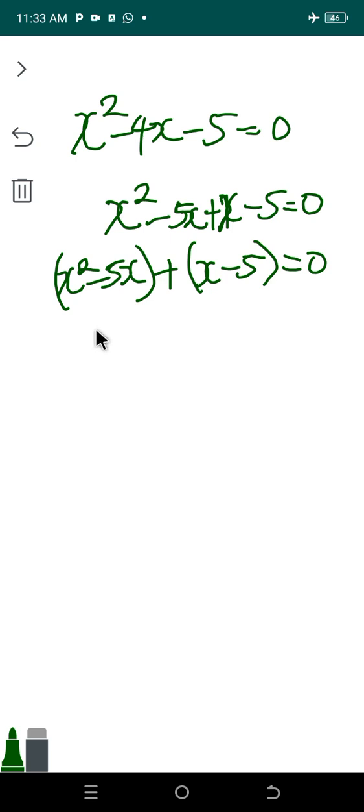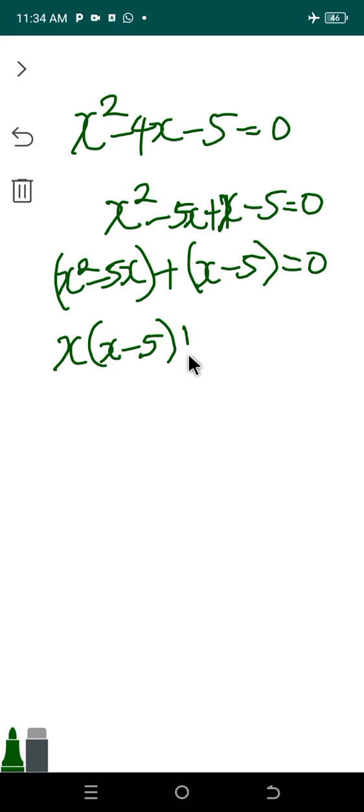Then the next thing we are going to do at this point is to factor out what is common in this bracket and what is common in this bracket. We are considering the first bracket now. What is common here is x. So we are going to take this x out. x times x will give us x square, x times minus 5 will give us minus 5x.